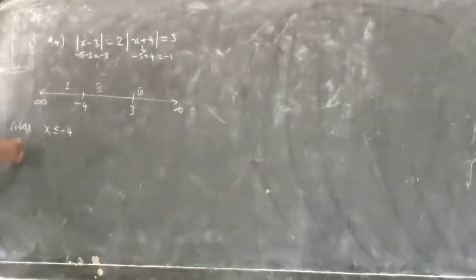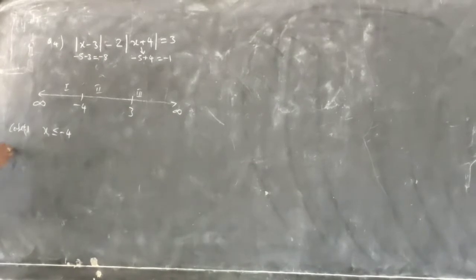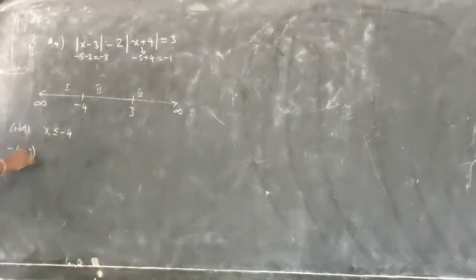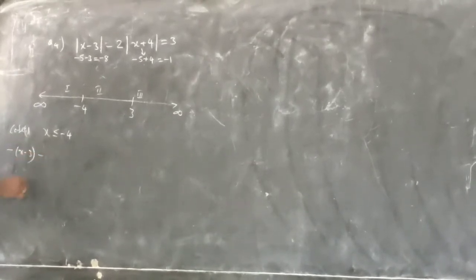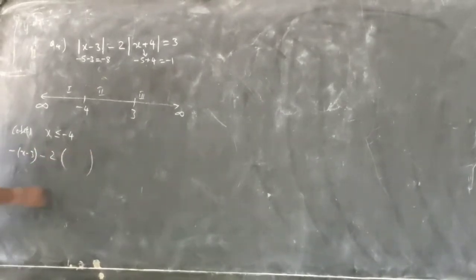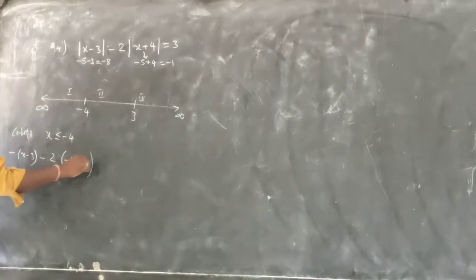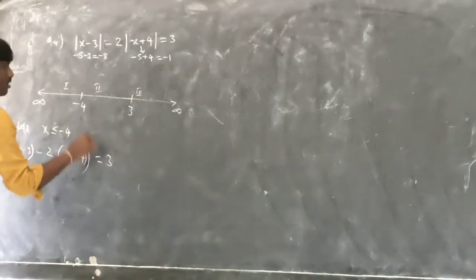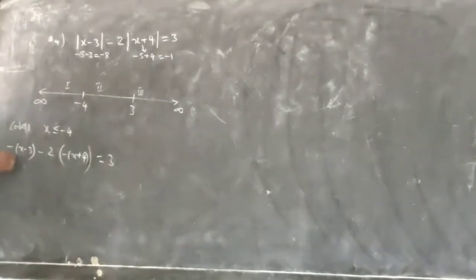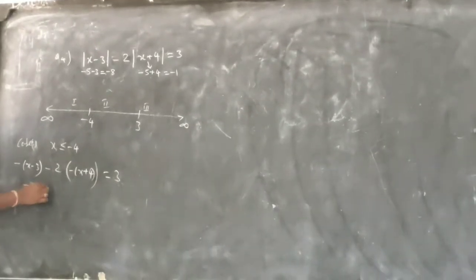So both open with the negative sign. So that is minus of (x minus 3) and minus of 2 into, this can be opened, minus of (x plus 4) is equal to 3.